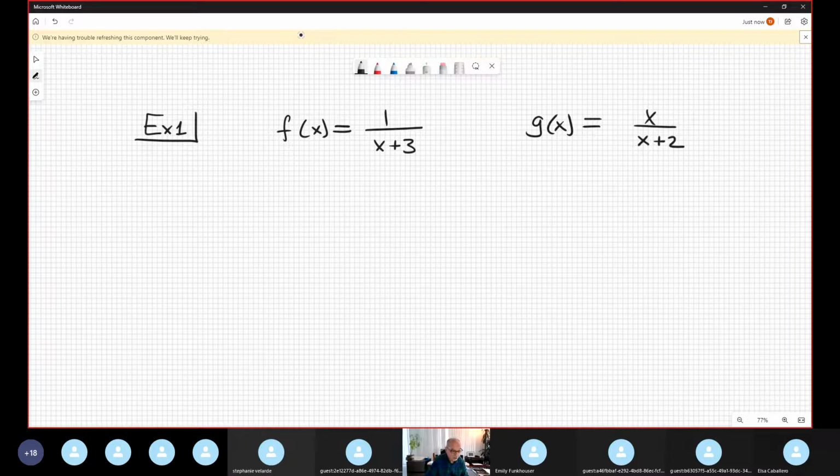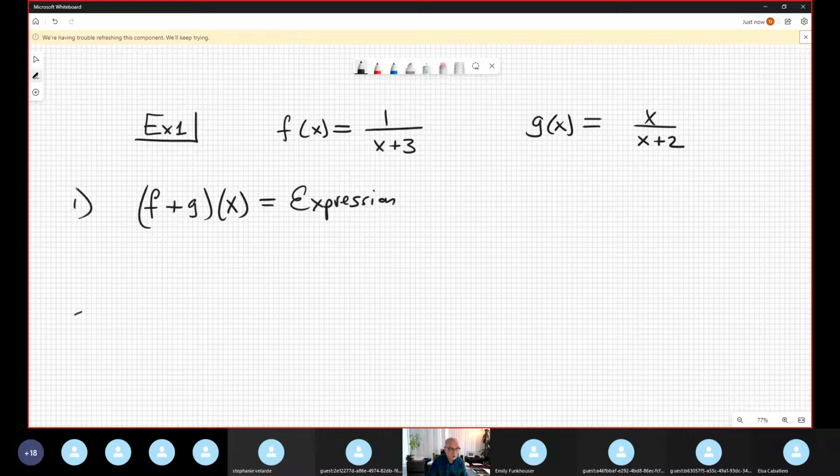The question is determine what is the expression of the f plus g of x. Determine expression. This is my first question. And my second question, always in this kind of problem, is state its domain.